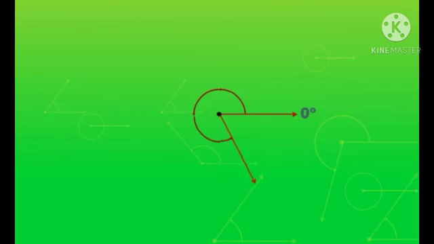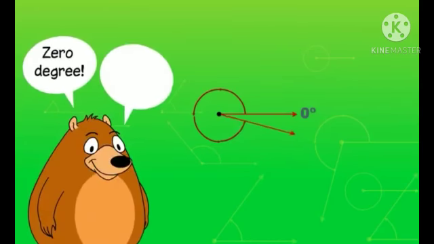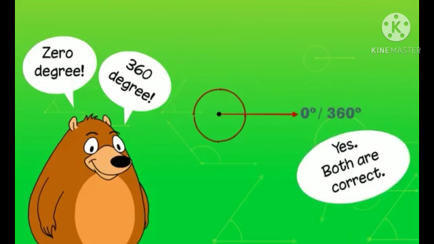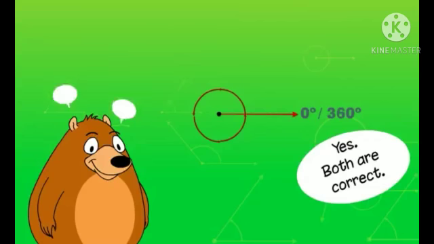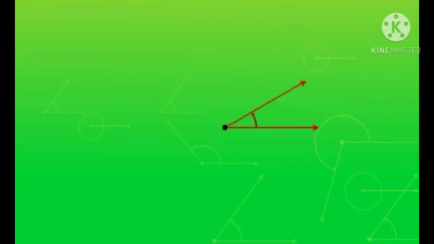What will happen if both the arms of an angle overlap each other? 0 degree, 360 degree. Yes, both are correct. But an angle that measures 0 degree is called a zero angle. When the arm takes a complete turn, then an angle of measure 360 degrees is formed.